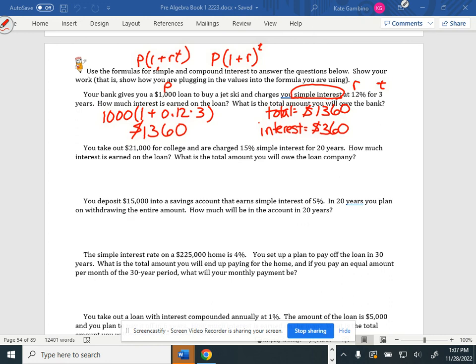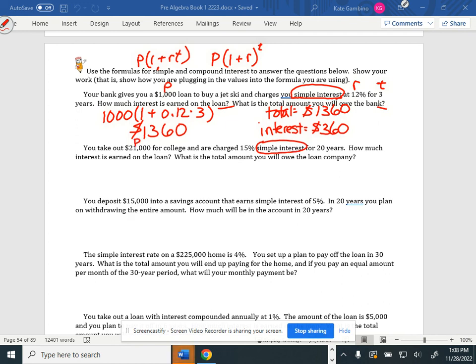Checking your answers. If you want to check to make sure that you're doing it correctly, compound versus simple. Did I answer the question? Some of the problems have 2 questions. Make sure you answer both of them. So when you come to your next one, you want to circle, is it compound, is it simple?